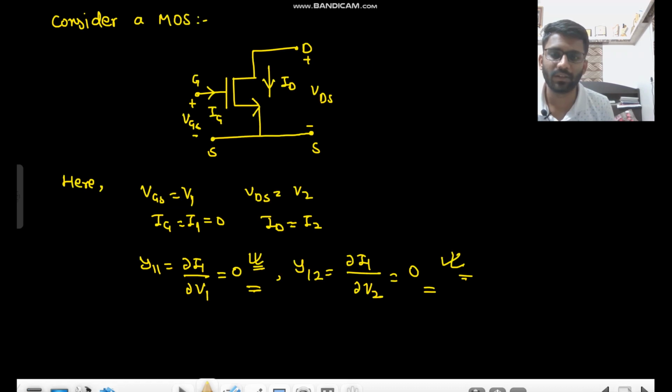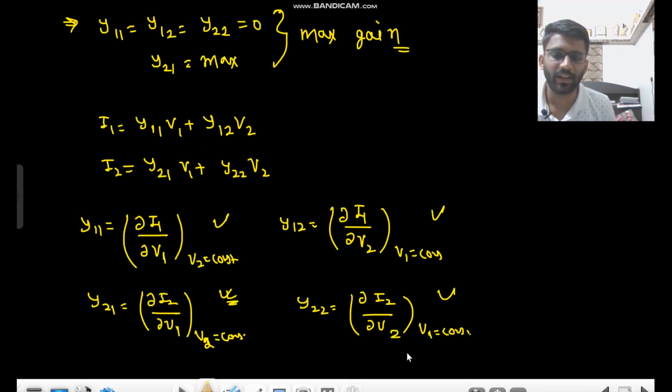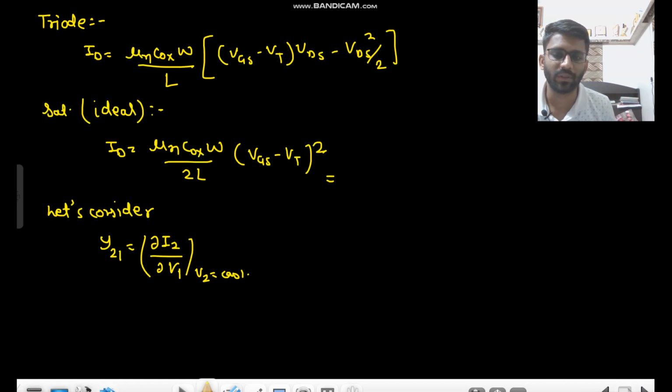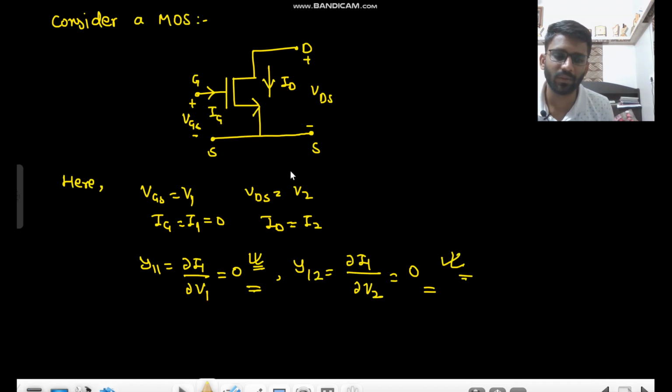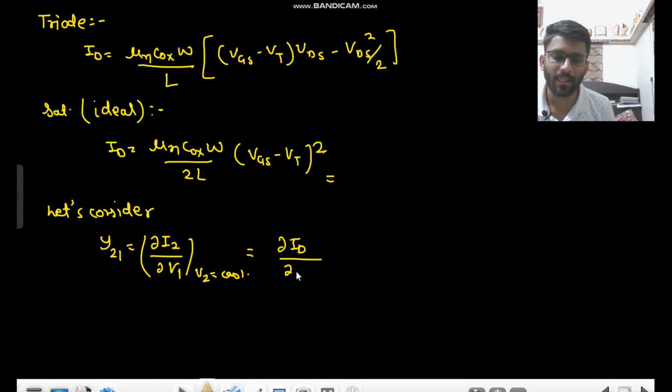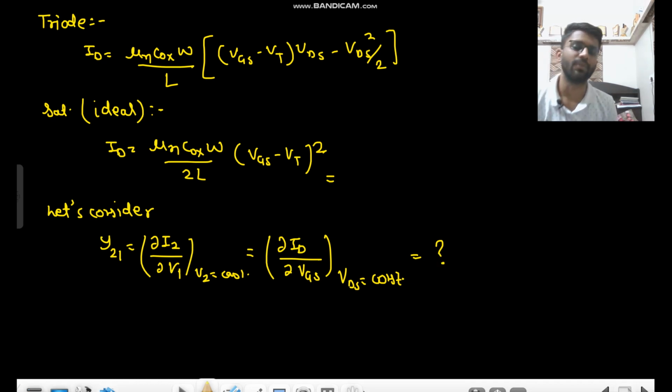What is y21? Here we have written, y21 is del I2 by del V1 with V2 being constant. That means this is del ID, since I2 is ID, with respect to del VGS, with V2, which is VDS, being constant. So this is what we need to know. Okay.